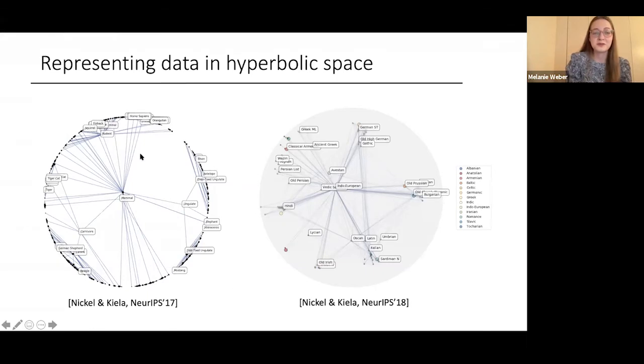Here is one example for embedding a WordNet into hyperbolic spaces. This is using Poincaré embeddings, which was one of the first scalable methods for embedding data into hyperbolic spaces, by Nickel and Kiela of Facebook Research. Here we see a WordNet with words related to mammal. Mammal, as the most general concept, or the root of the tree, is placed very close to the center of the plane.